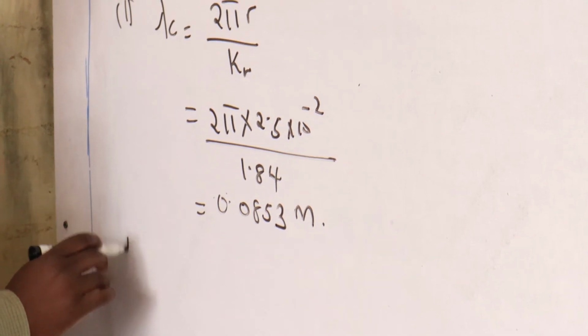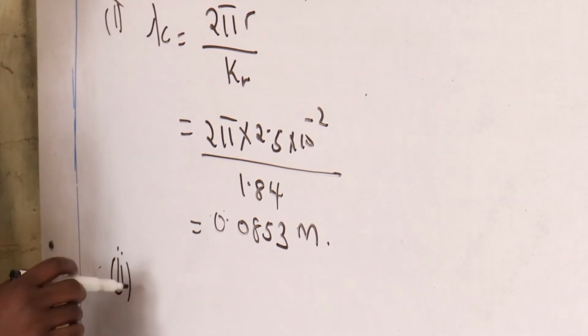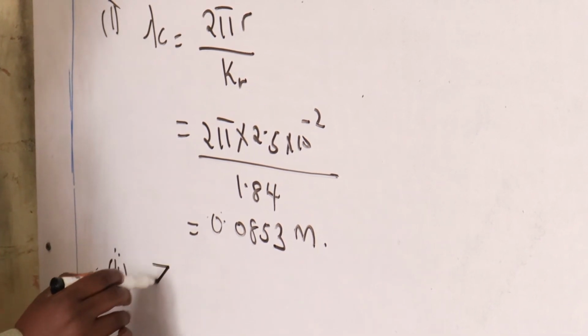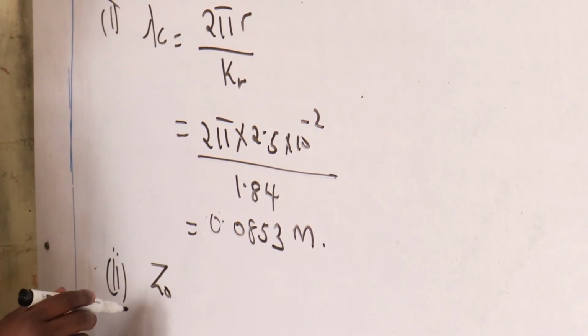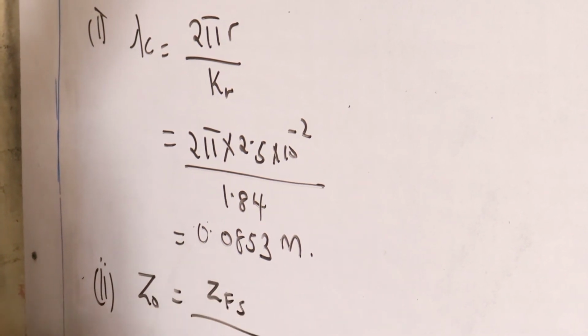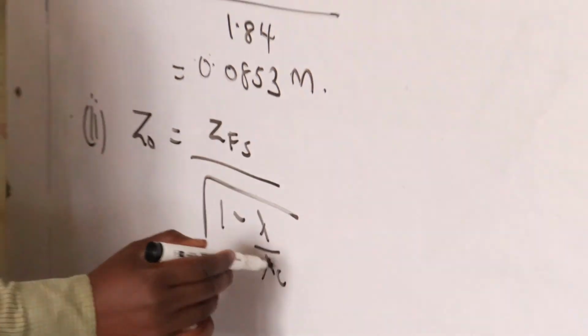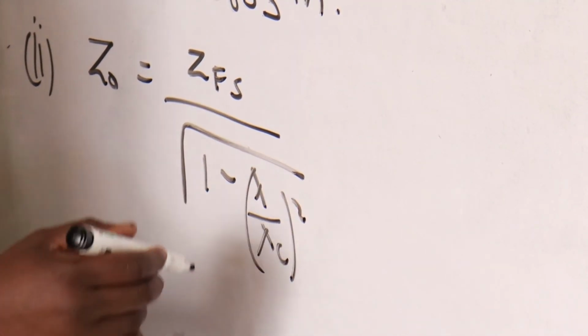Then we go back to the other formulas. For TE mode, our characteristic impedance is ZFS over the square root of 1 minus the cut-off ratio squared.